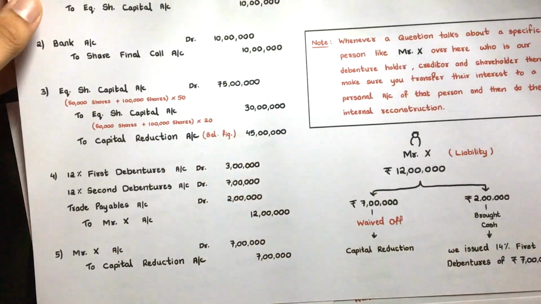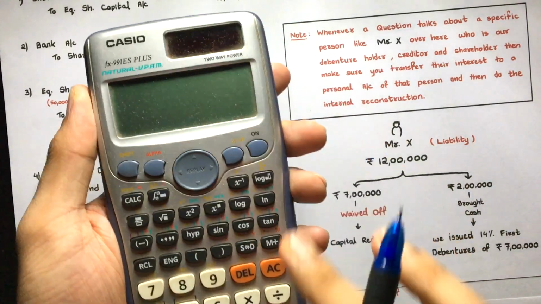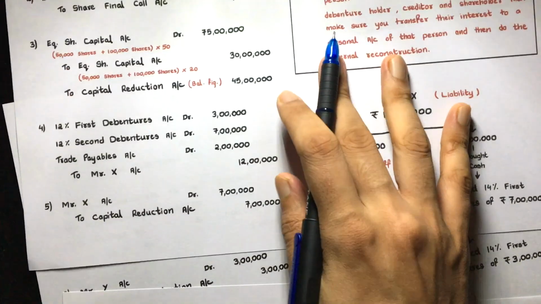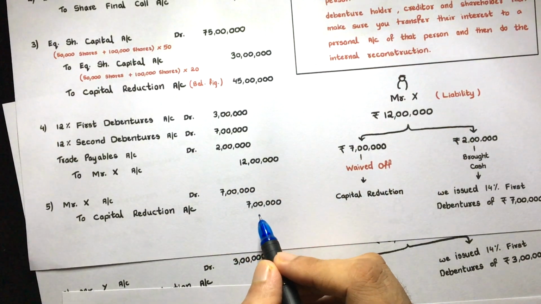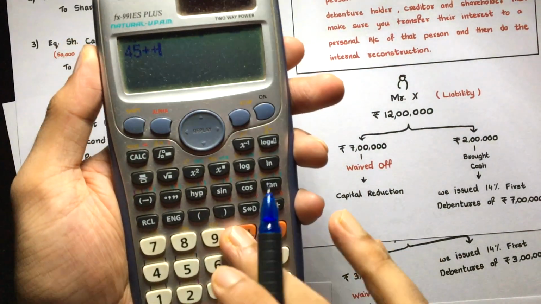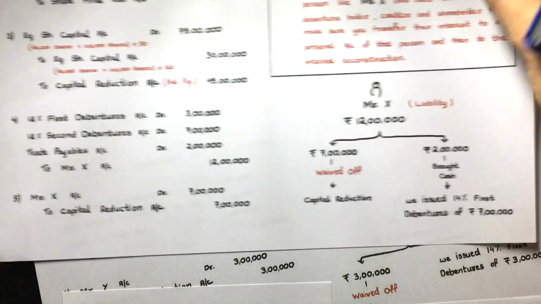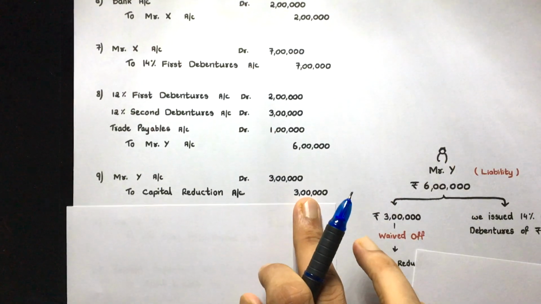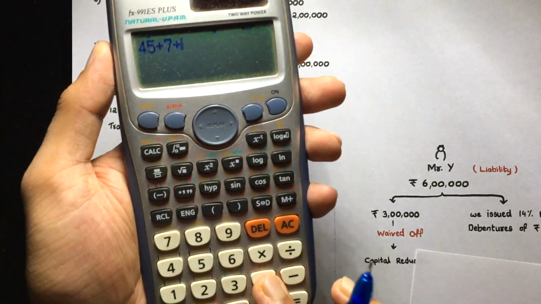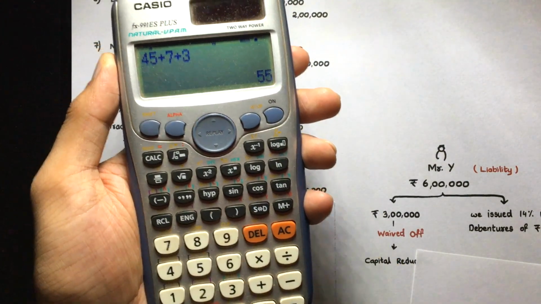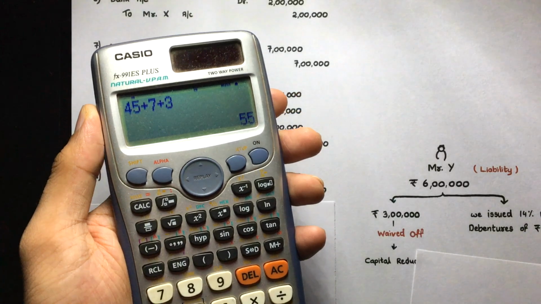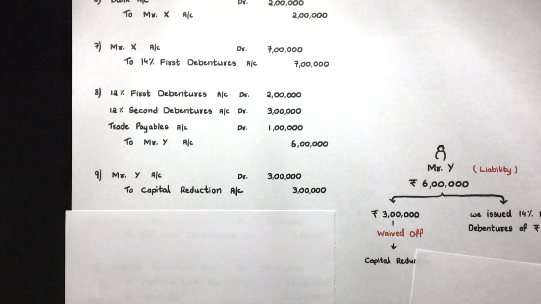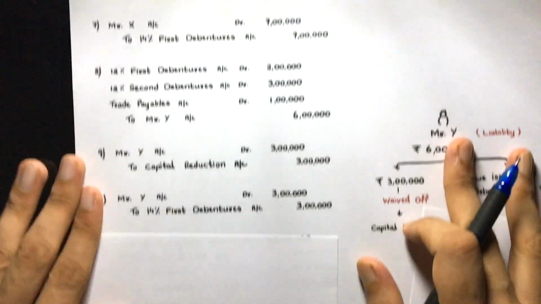We have a credit over here of 45 lakhs, plus capital reduction got credited over here, 7 lakh, so plus 7, and then capital reduction got credited over here of 3 lakh, so plus 3, that is equal to 55 lakhs. So how much do we have in capital reduction? 55 lakhs. Okay, so debit the capital reduction by 55 lakhs.